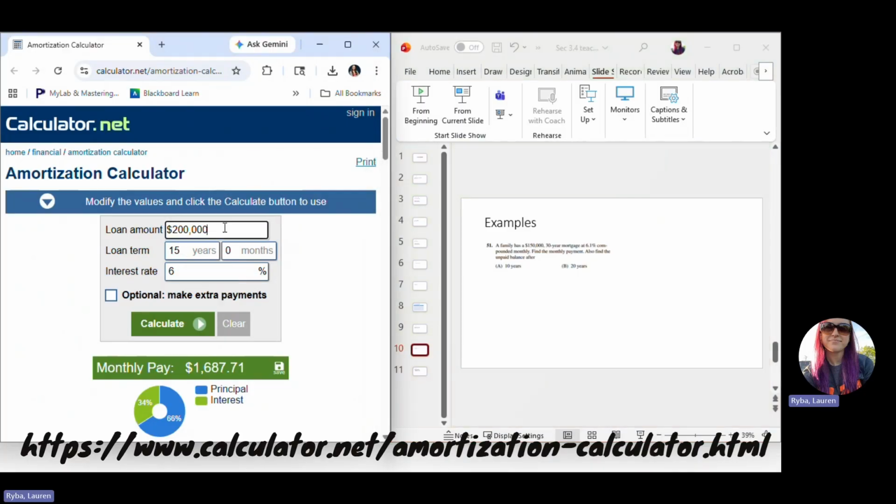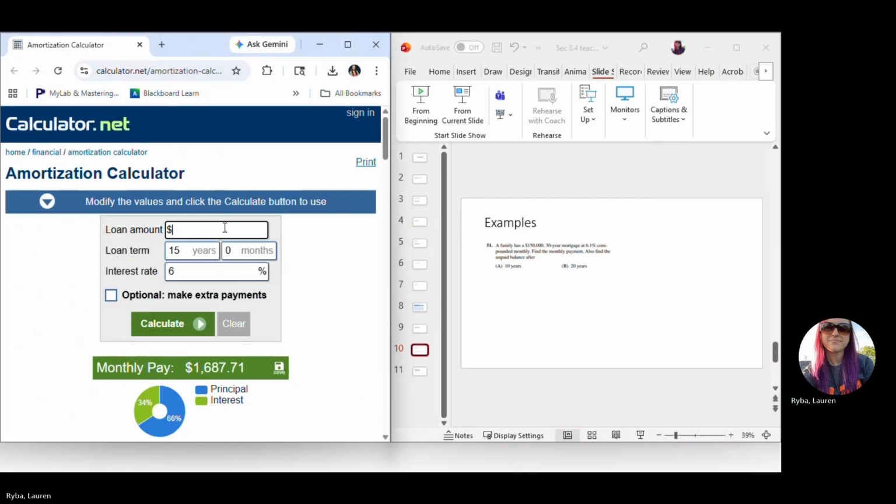So what we can do is we can enter in what we want. So the loan was for $150,000. It was for 30 years. And the interest rate was 6.1%.